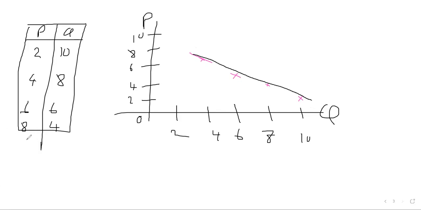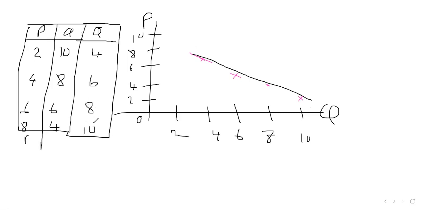The very schedule, you may have the same prices. Maybe they add here the quantities. Here they're putting 4, 6, 8, 10. So 2 against 4, you put it here. 4 against 6, you put it there.